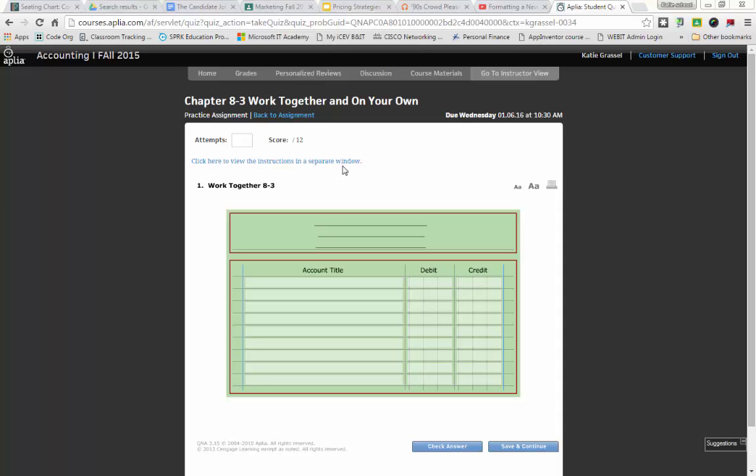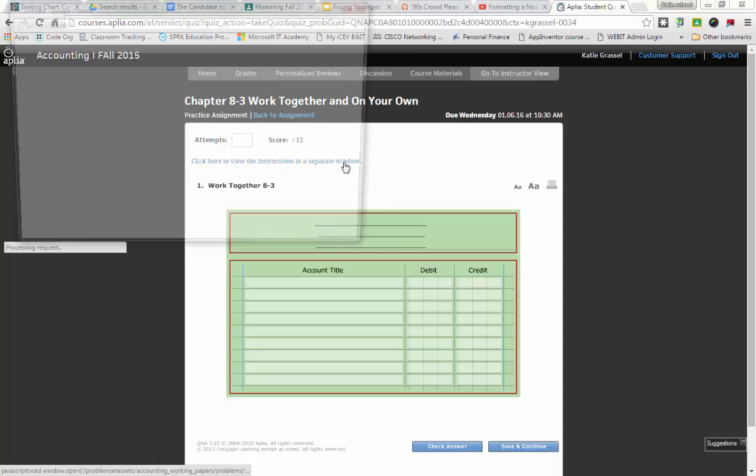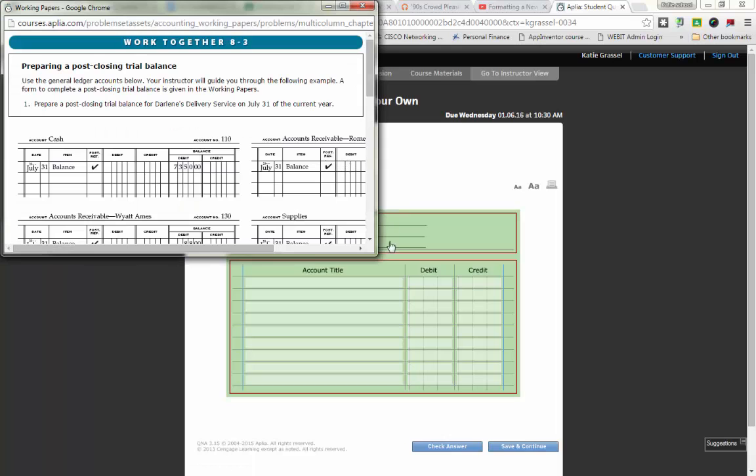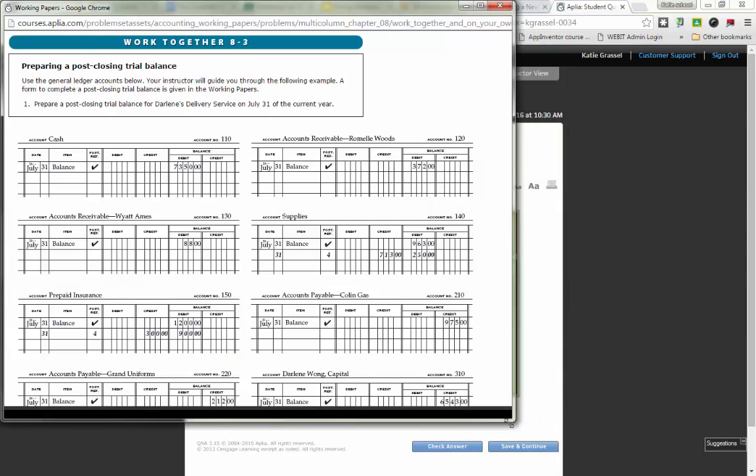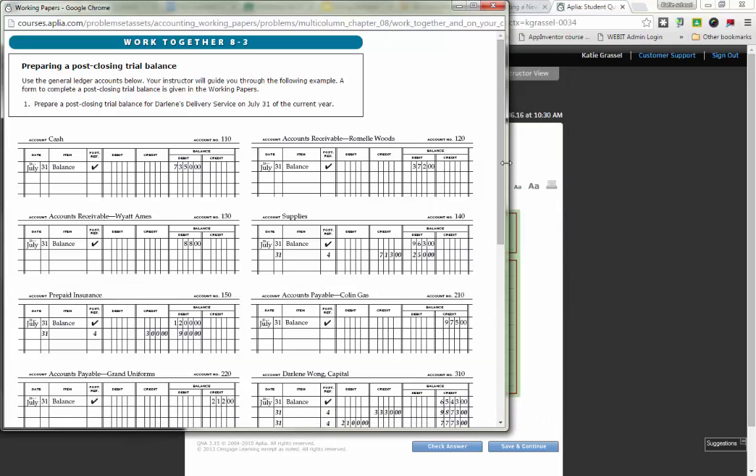So what we have to look at is, in our instructions, they're going to give you all of your ledger accounts. And is it important that they're listed in the correct order? Yes. What order do they get listed in? Assets are listed in an order of liquidity, so that's very good.